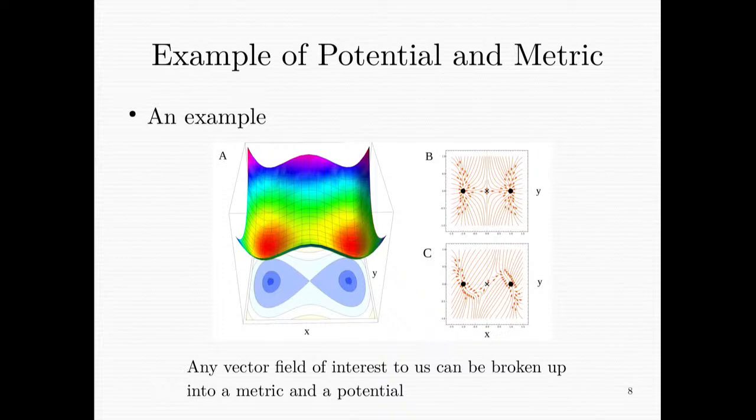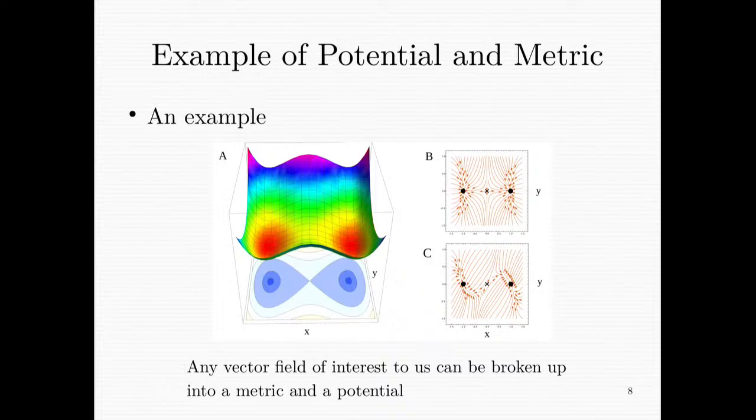And so the different information that the potential and the metric has is that the potential is always going to have the fixed points, it's going to have all of the saddles and the stable points. The metric is something that can modify the dynamics between them. So if you see these two plots, the stable fixed points and the saddle point in between are in exactly the same place, but the dynamics of how you go from here to your stable fixed point is very different from in this to this figure, even though they derive from the same potential.